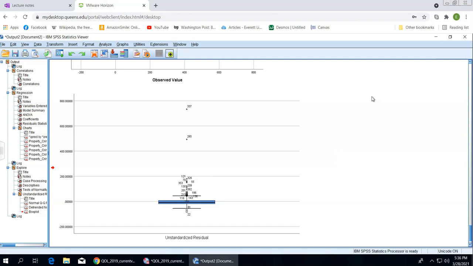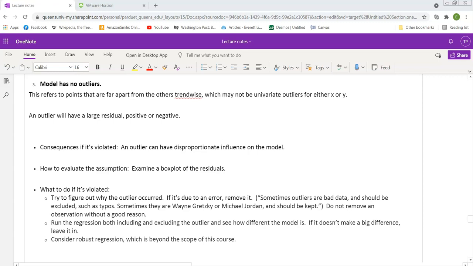And so that's not one that you would want to generalize to. So just my opinion, I would throw out uptown, but probably leave everything else. The other thing you do, sort of the gold standard, is to run the regression both with and without the outlier and see how different the model is.